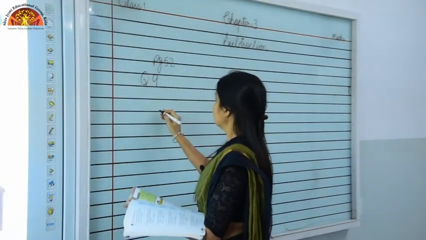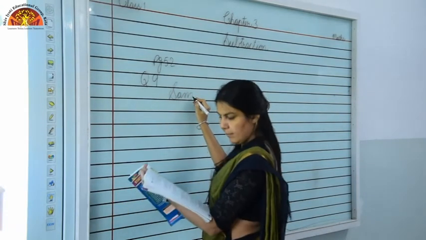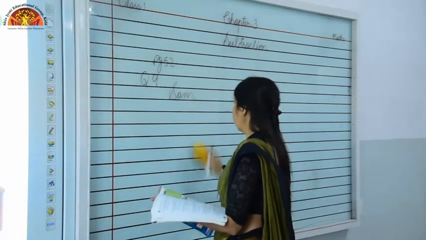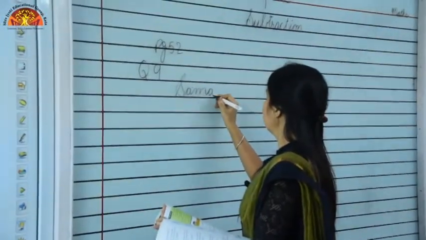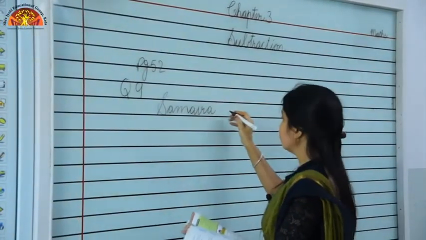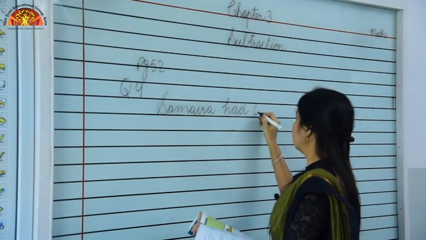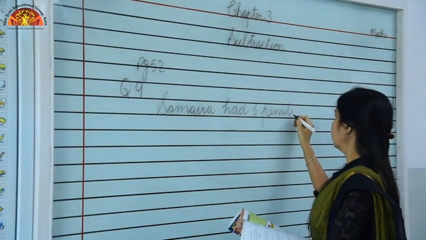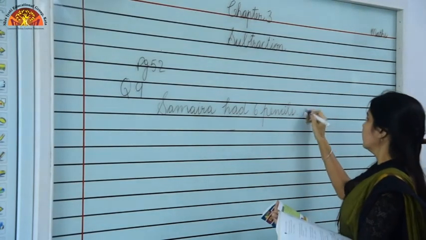What is the question? Samaira had 6 pencils. How many pencils did Samaira have? 6 pencils.